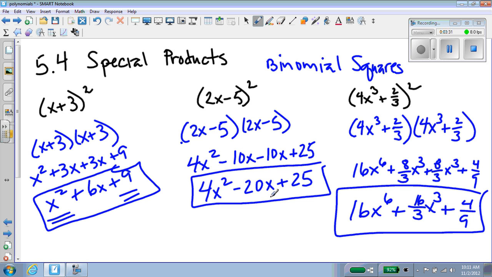Two sets of that would be negative 20x. Multiply these, we get 8/3 x to the third, but we have two of those, so we have 16/3 x to the third. So some people use patterning to solve these. Some of them just write it out and use FOIL.